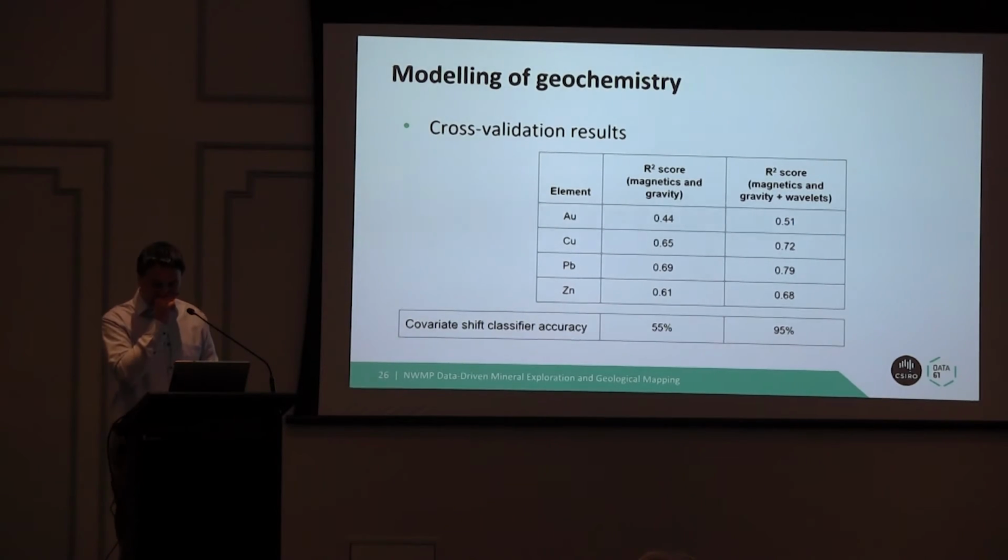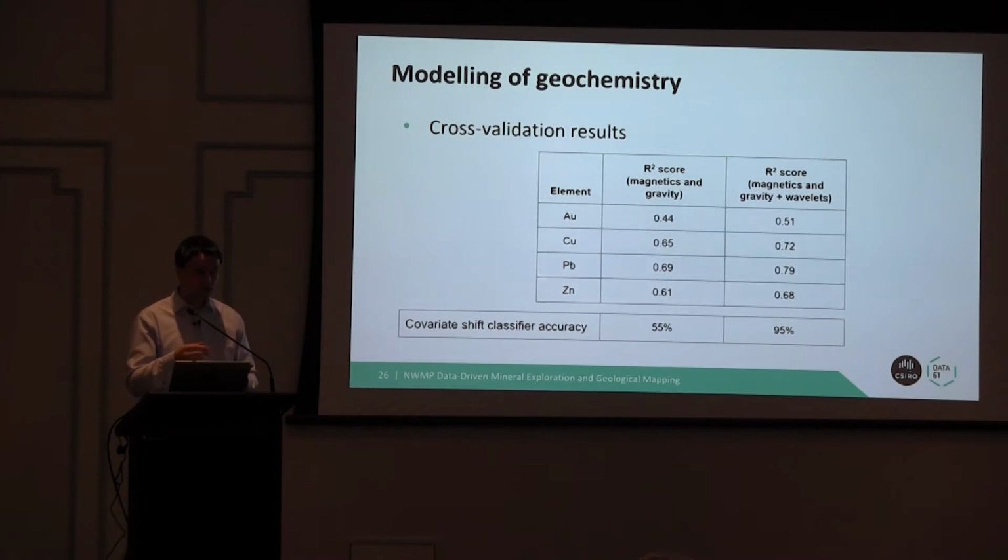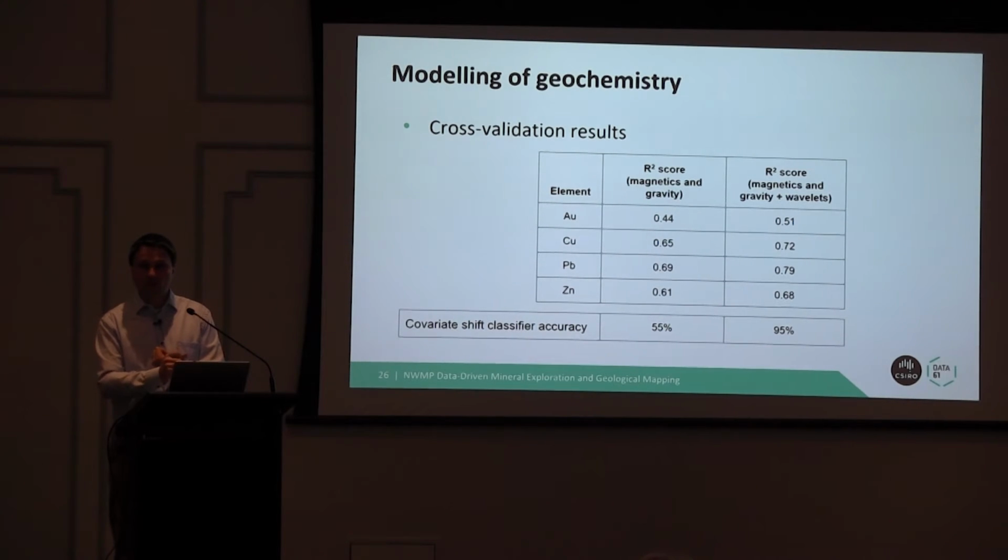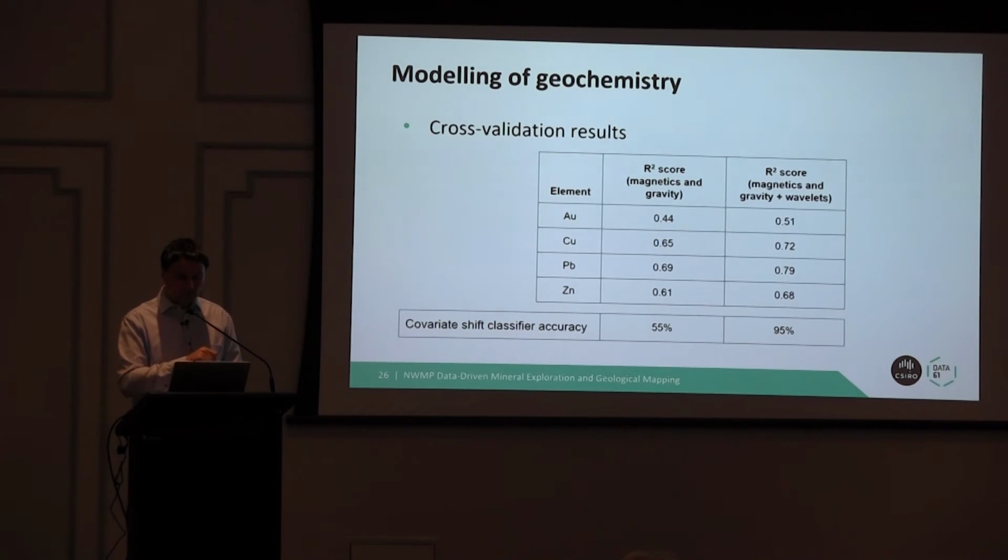Now, these are the results in terms of statistics, and we use the coefficient of determination here. You can see that, of course, for gold, we didn't achieve quite good results. That was based on the fact that the training points were scarce, so there was a lot of missing data.